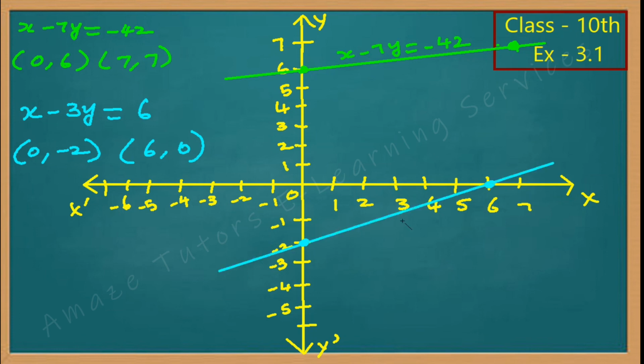Joining the two coordinates using the line is giving us the graph of the second equation. I need to write the equation here. So we finished part 2 of the question as well. We represented the given situation graphically also.